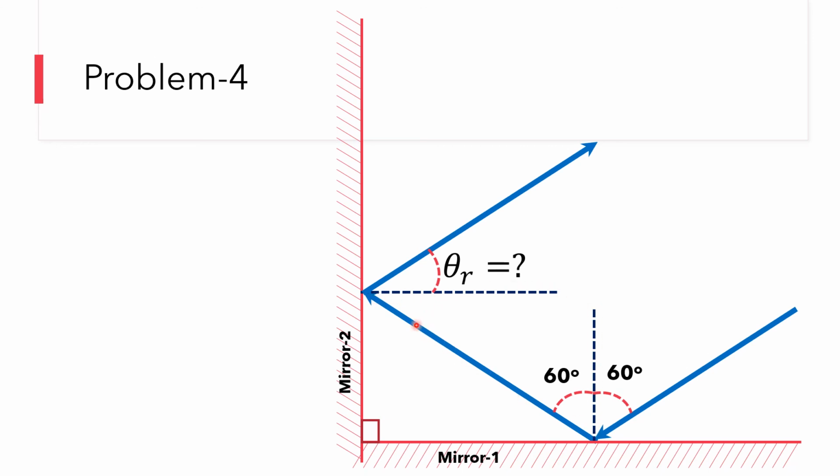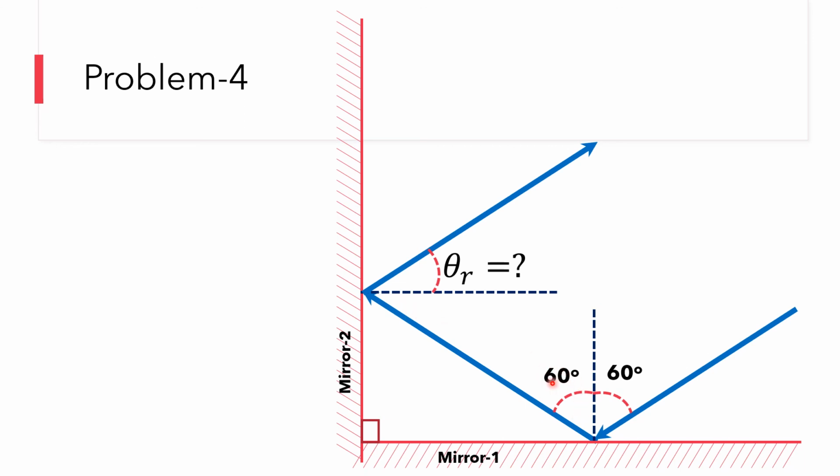Both are the same. The option is yours. Now if this is 60 degrees and these two normals are also making 90 degrees here, in a right angle triangle we know very well that one angle is 90 degrees, so the sum of the other two angles will give us 90 degrees.